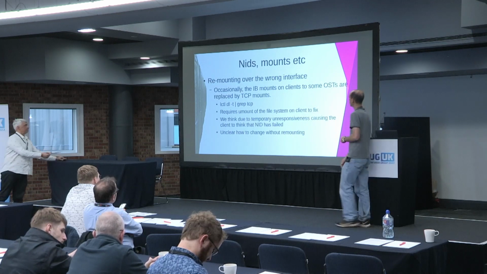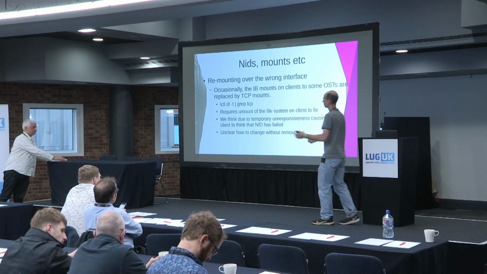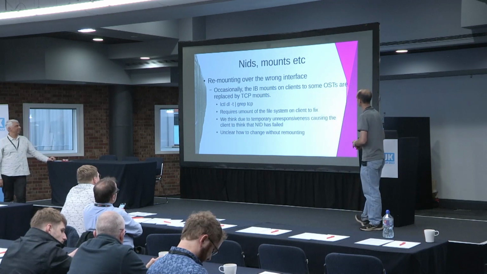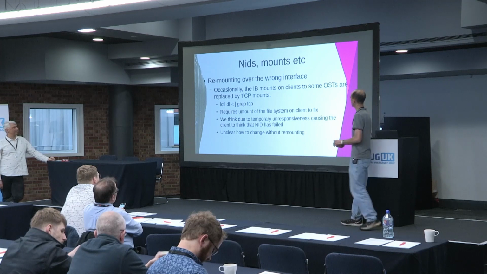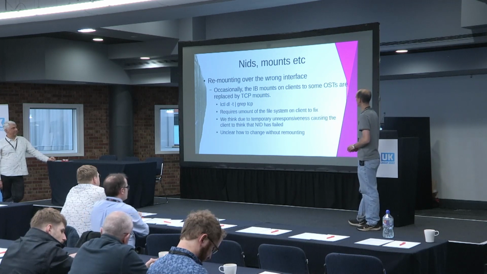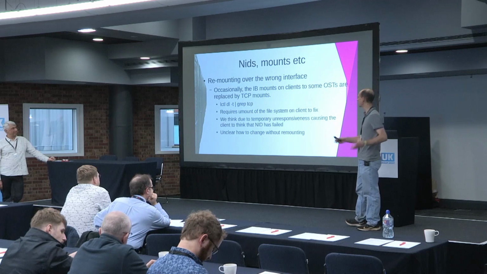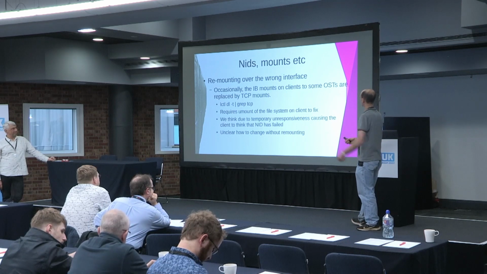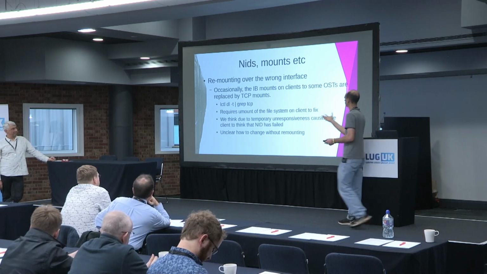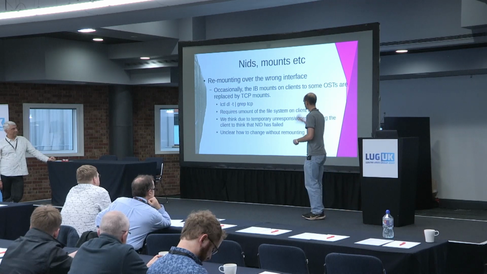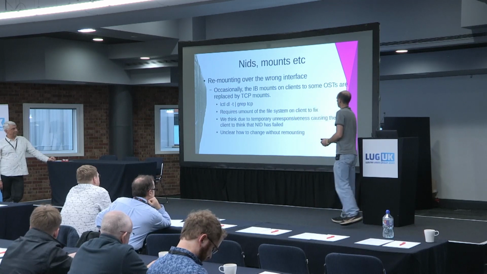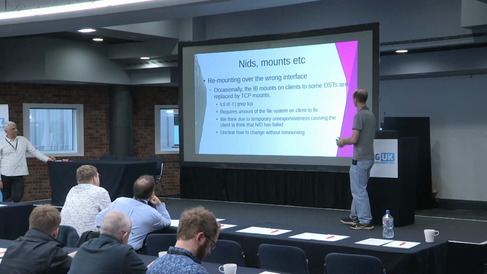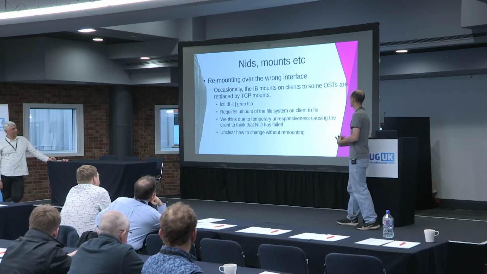Another annoyance, I guess, is that we use multi-rail clients, so we've got the InfiniBand and the TCP. Occasionally, the InfiniBand mounts, we find that they've been remounted as TCP, and you do an lctl dl -t, you get TCP, and sometimes they shouldn't be there. The only way we find to fix that is to unmount the file system on the client and remount it.